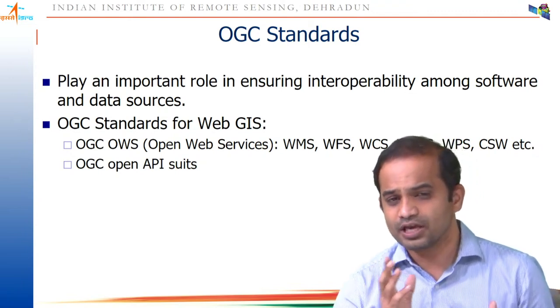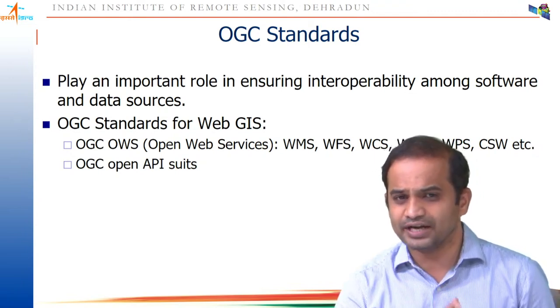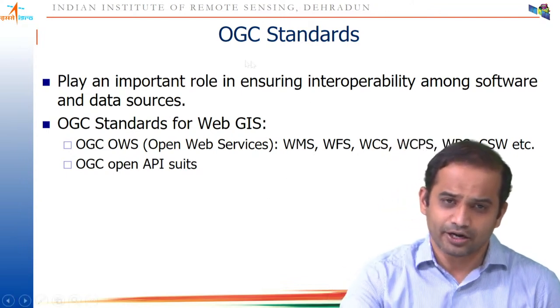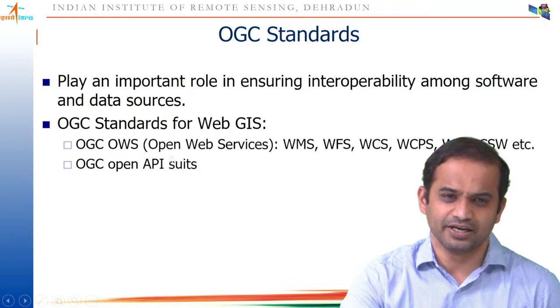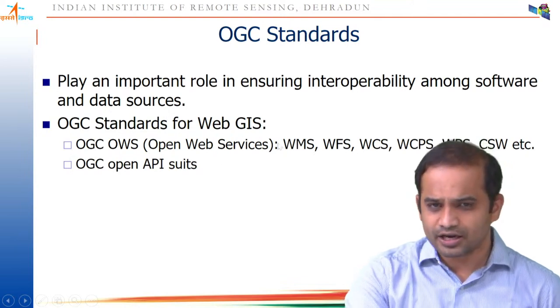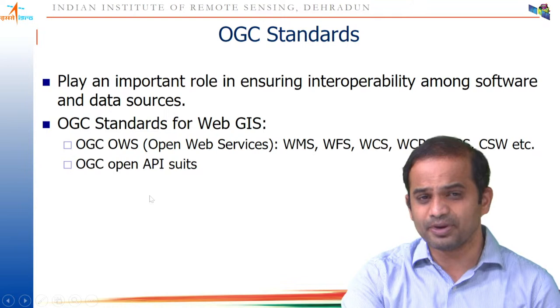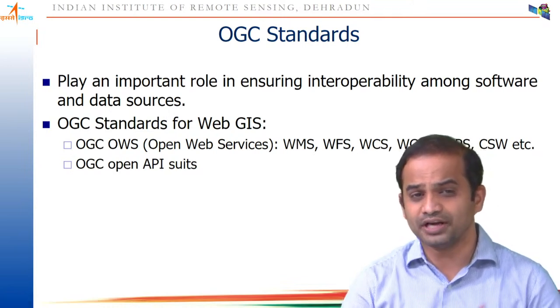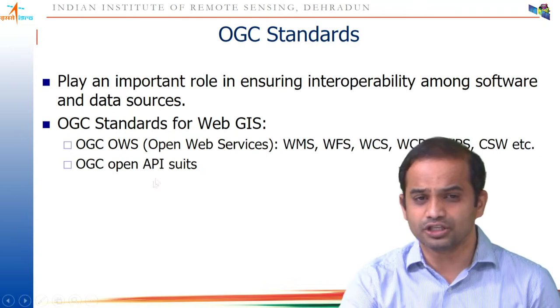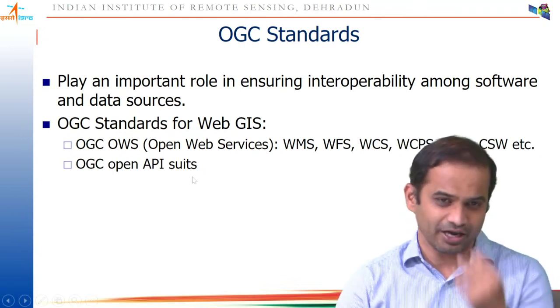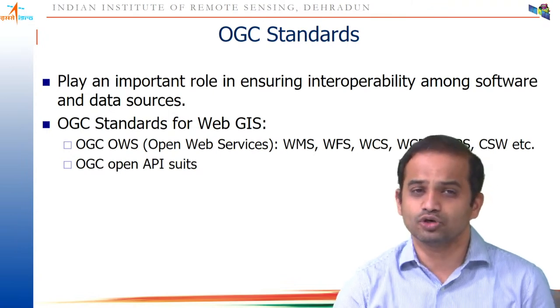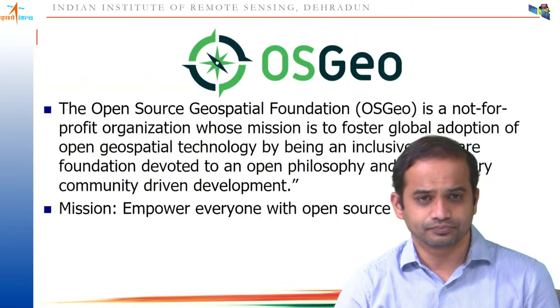So if every software followed its own standard, then interoperability would become an issue. That's why we have a non-profit organization which makes standards. And recently there are separate API based standards, on how to create different APIs beyond these open web services, that are also made by the OGC. Those who are interested can follow the ogc.org website.